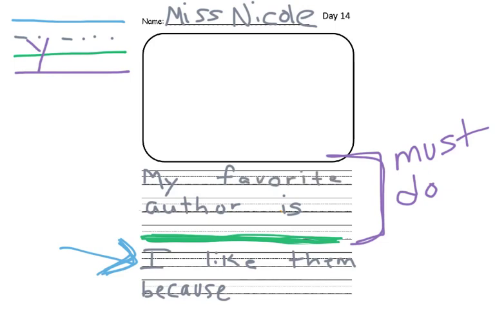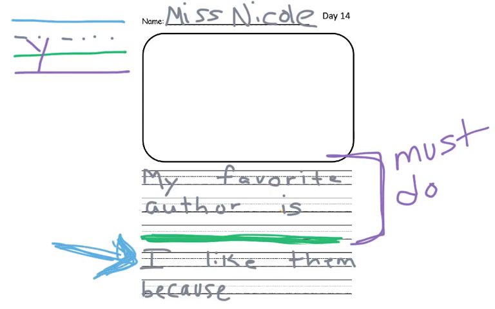So you have to write, my favorite author is, and then their name, or my favorite author is the person who writes Clifford stories, or Elephant and Piggy stories, or Franklin stories, or animal stories. So you have to tell me who it is. Then your challenge right here is to write why.